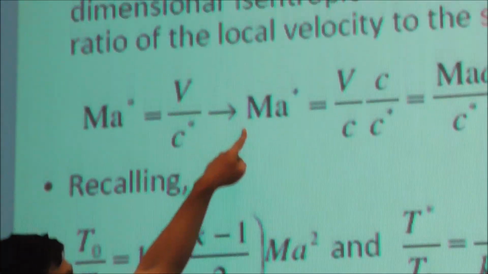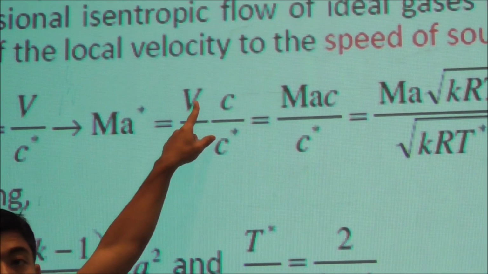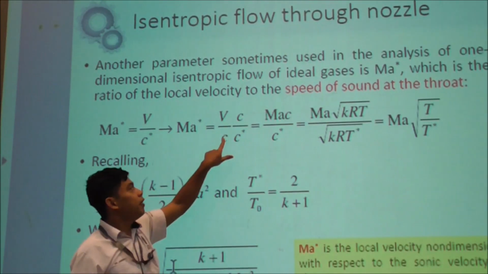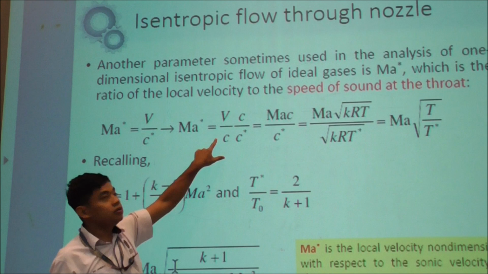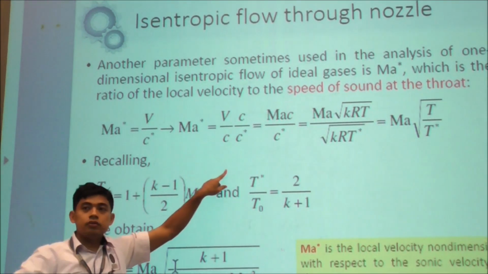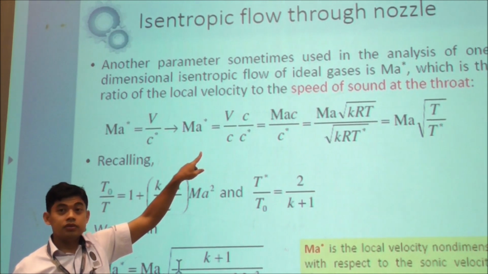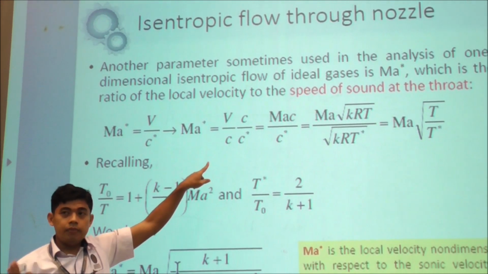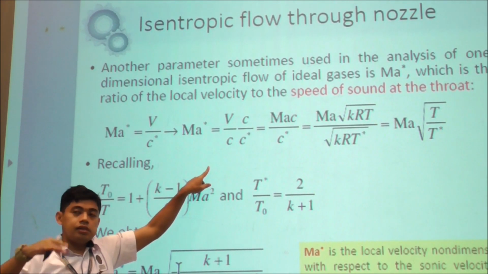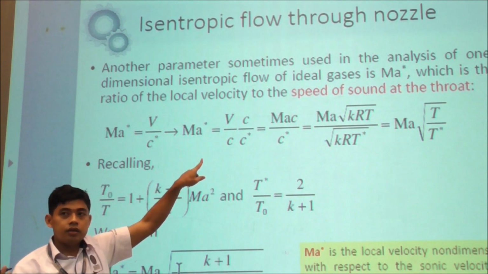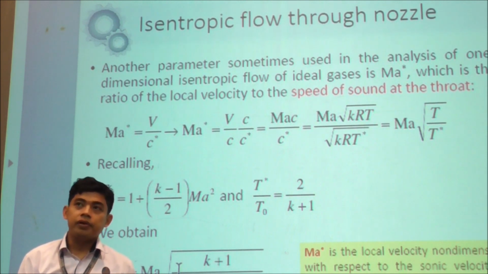So Mach number star is the velocity at that location divided by the speed of sound at the throat. So it is not Mach but Mach star. That's the only difference.